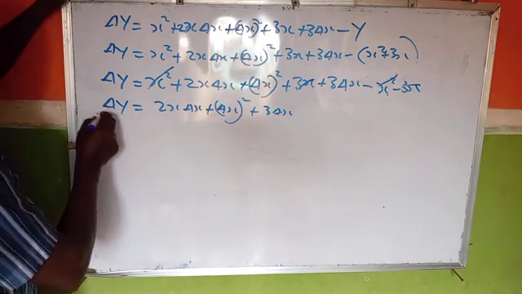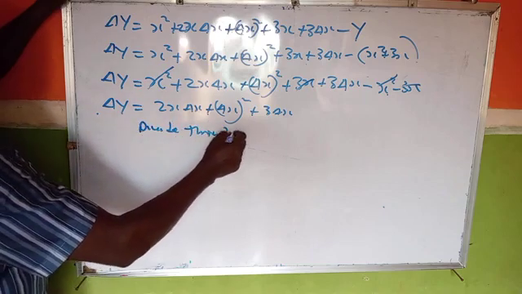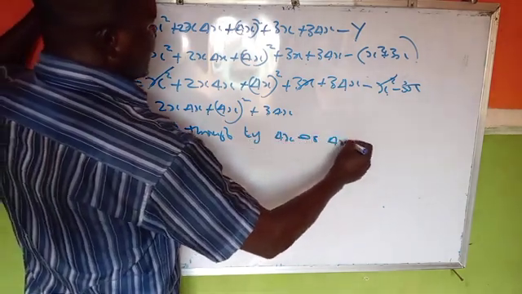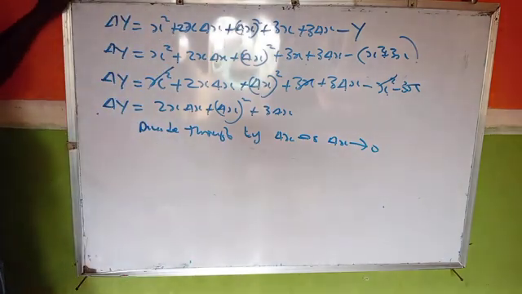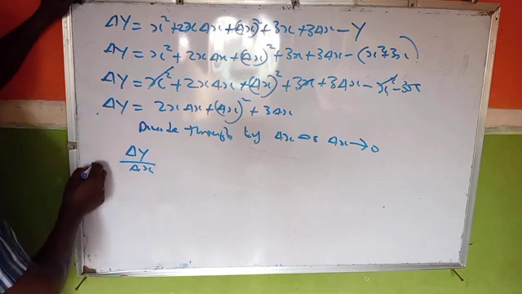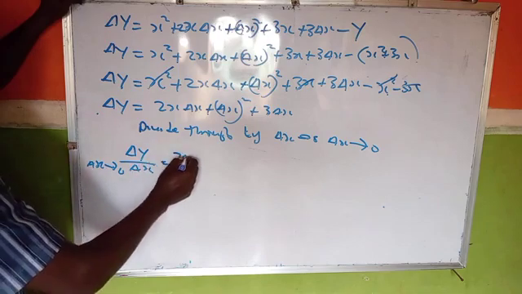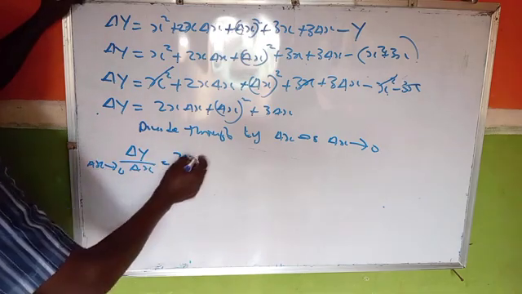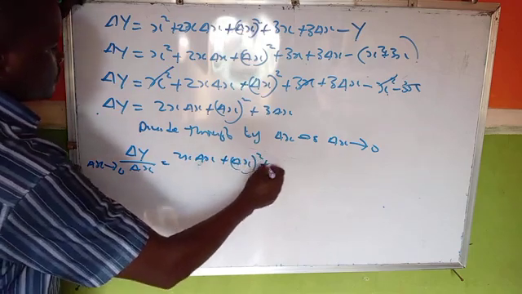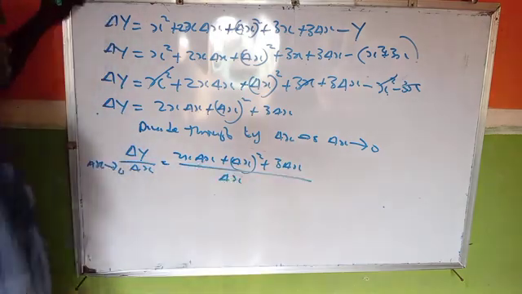So we divide through by delta x as delta x tends to 0. So you have 2x change in x plus change in x squared plus 3 change in x, everything divided by change in x.